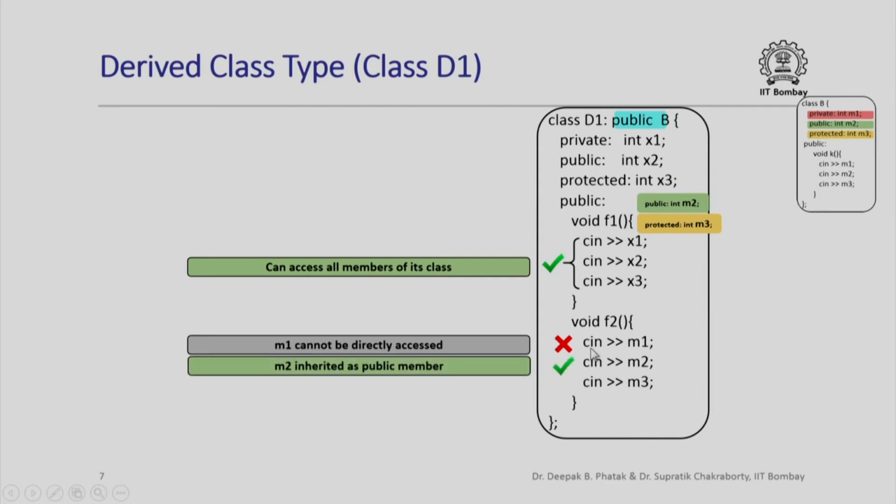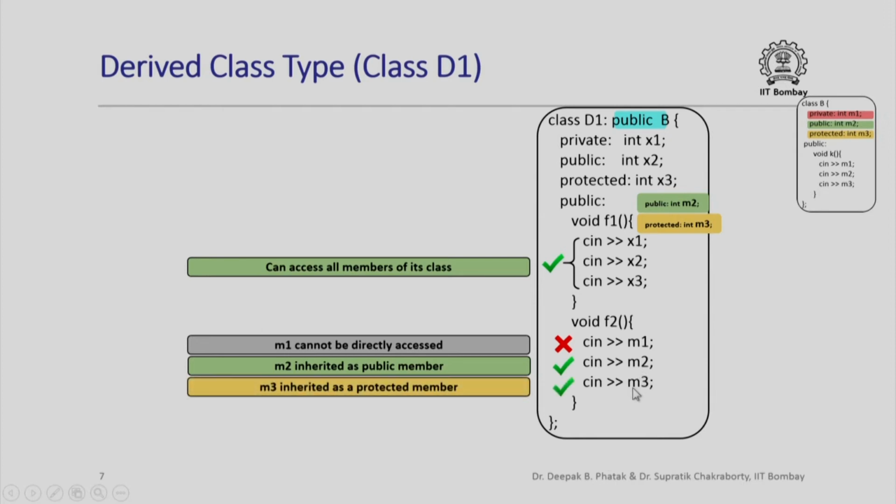However, what about M2? As we have already seen, the data member M2 can be accessed by the derived class D1 and its access control specification will be public. So this member function f2 of the class D1, if it is trying to read in a value for M2, since M2 can be accessed from within the class D1, this is fine.